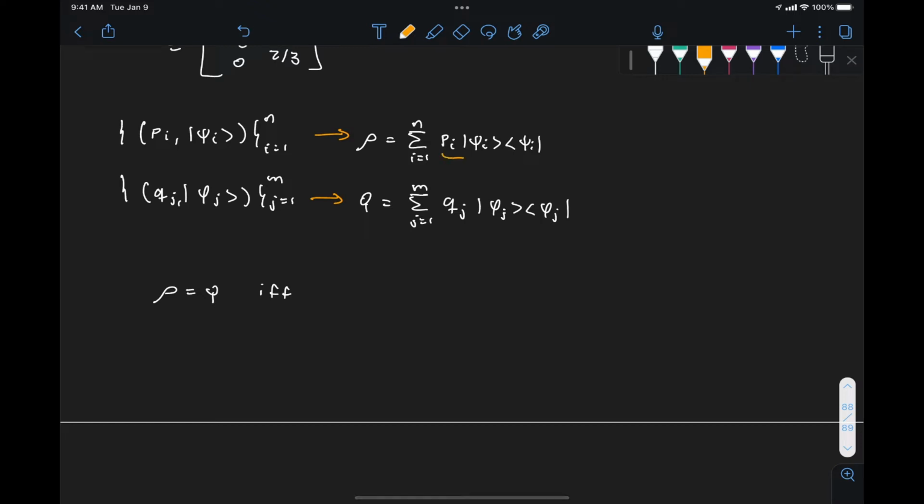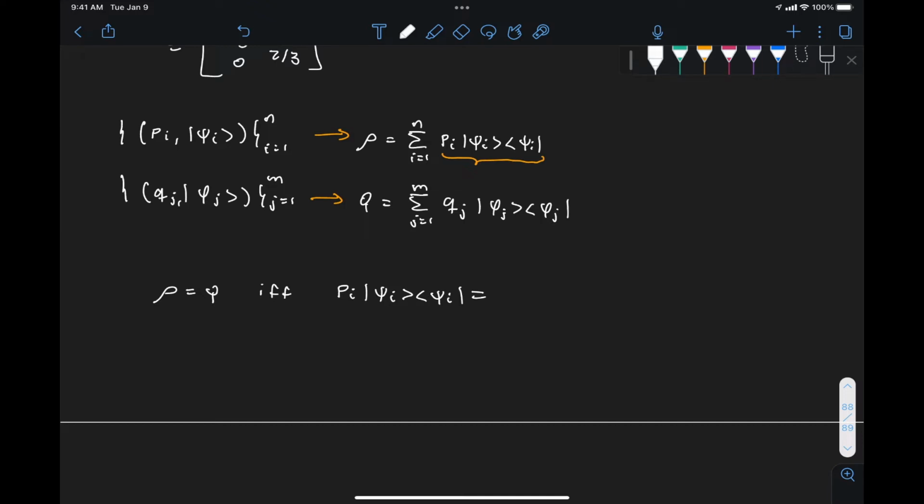So let's say the elements in rho weighted by their probabilities. So let's write that down. If we can say that each of these p sub i times the outer product of psi sub i with itself can be expressed as the sum of all the elements in the other density matrix up to some unitary transformation.